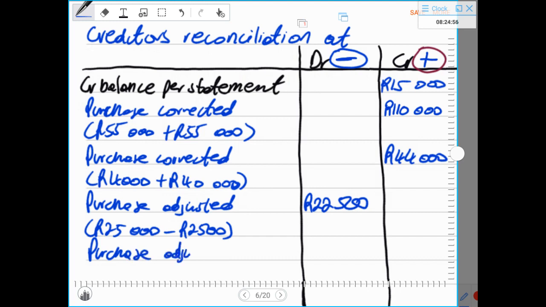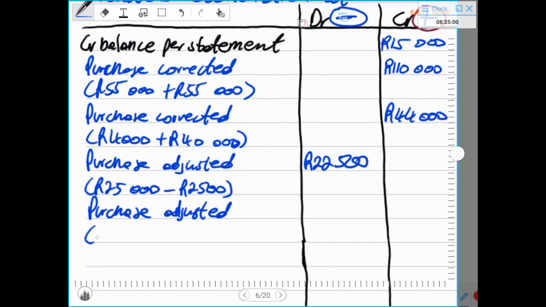Purchase adjusted. And it will be the amount of 14,000 minus 1,400.